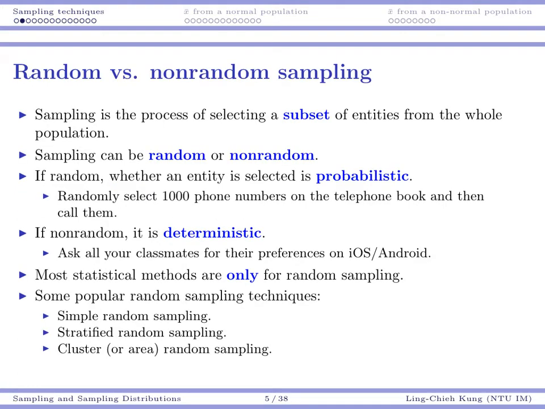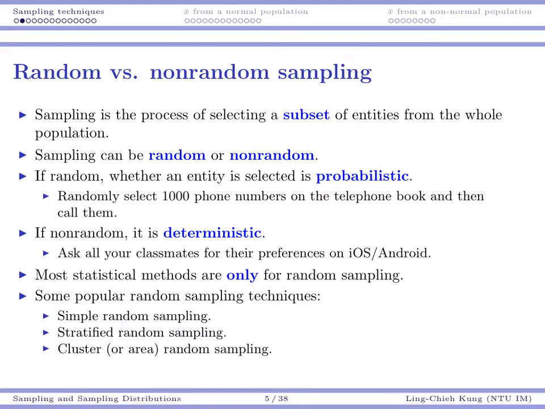Sampling is in general just a process of selecting a subset of entities from the whole population. So it's really nothing special. It's just a way to select a subset. Sampling may be either random or non-random.